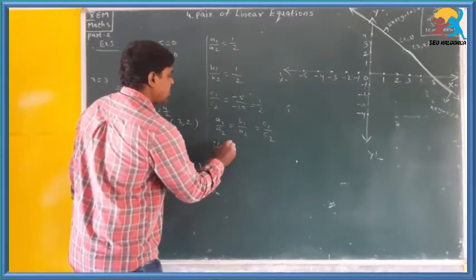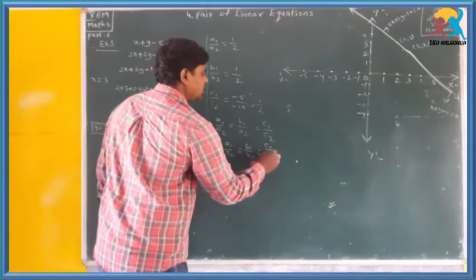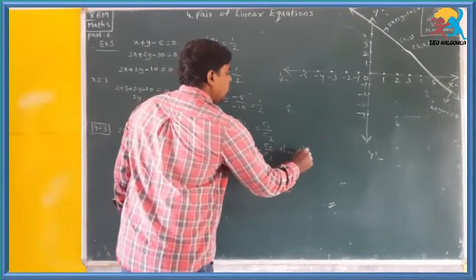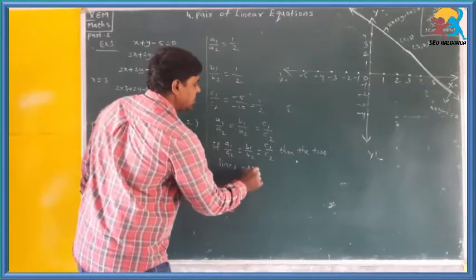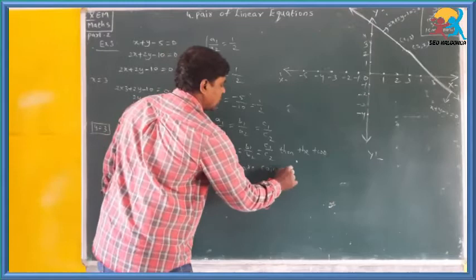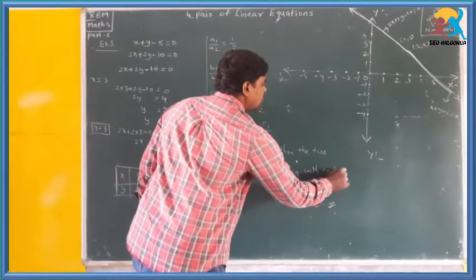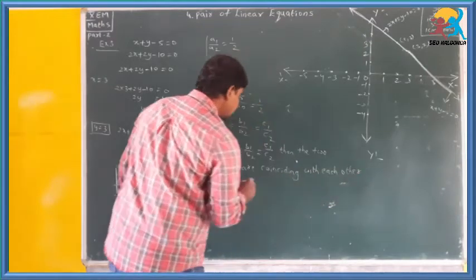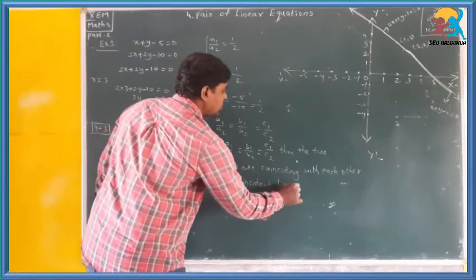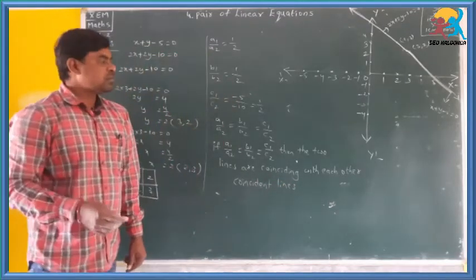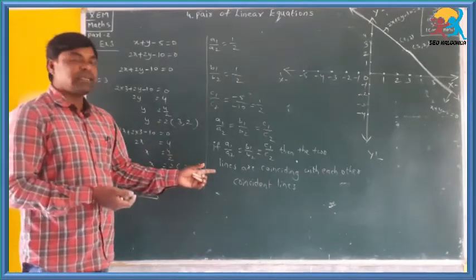If a1 by a2 is equal to b1 by b2 is equal to c1 by c2, then the two lines are coinciding with each other. So these two lines are called coincident lines. Here we got three cases. First one intersecting, second one parallel, and third one coincident lines.